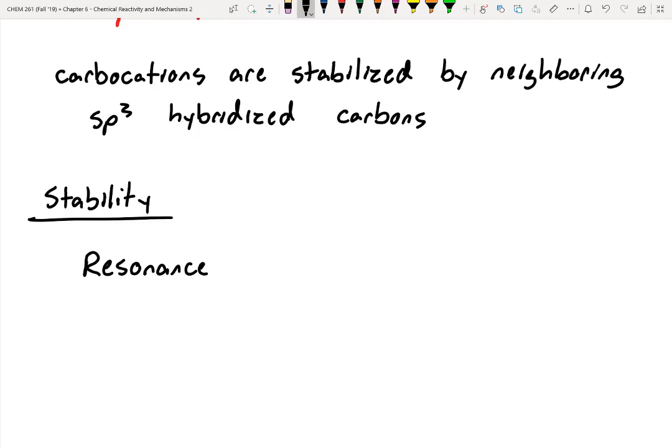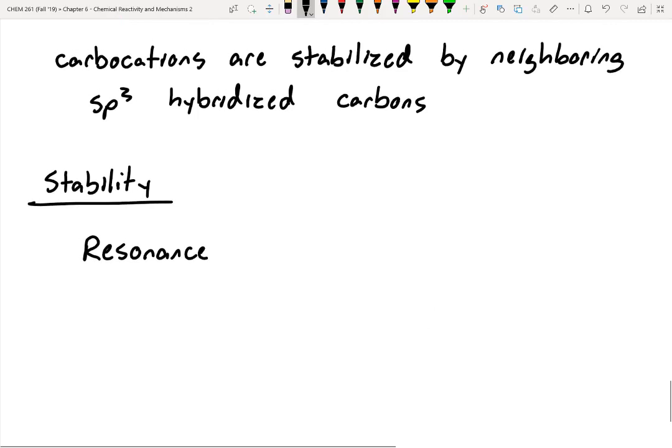If we think about carbocations that don't have resonance, would it be better to be a tertiary carbocation, secondary, or primary carbocation? Tertiary, why? Yeah, exactly. If we have a tertiary carbocation, we've got three sp3 hybridized carbons around it, right? So we get three of these stabilizing interactions from hyperconjugation.